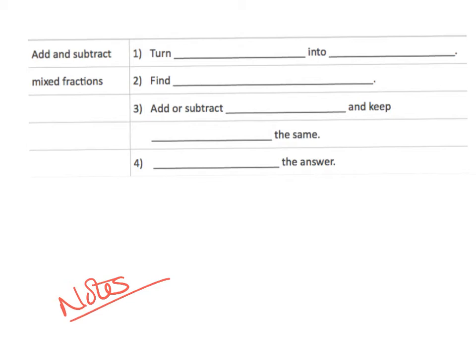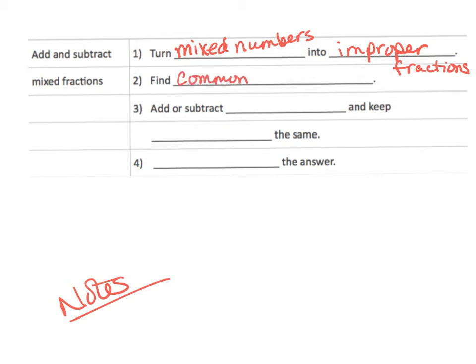So we are going to start by turning our mixed numbers into improper fractions. It's going to help us with any borrowing or anything like that, and with the negatives. Then, just like before, you're going to find your common denominator.